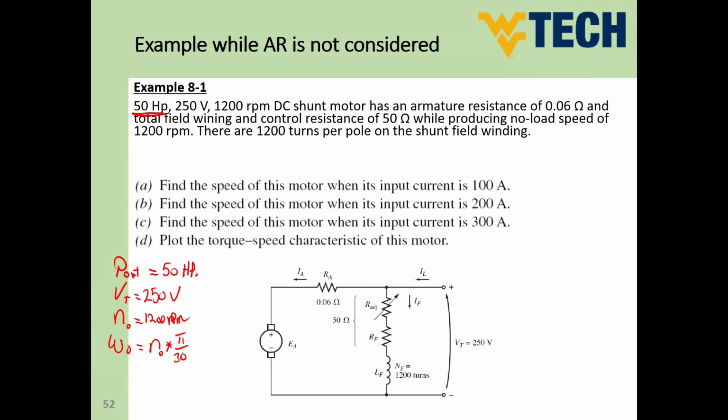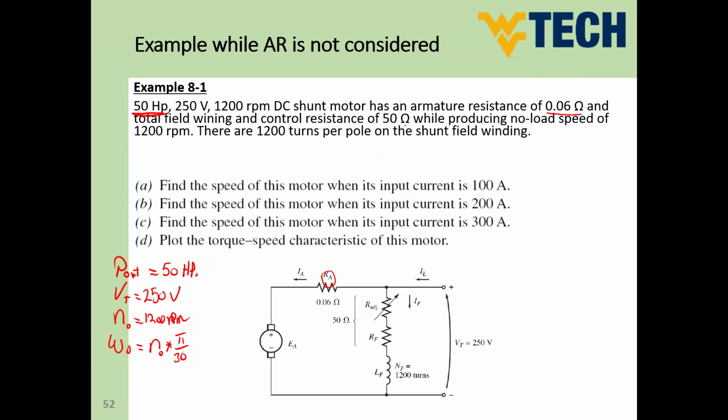And he mentioned that the armature resistance is 0.06 ohm. So this is the value of RA, 0.06 ohms. And the total field winding and control resistance is 50 ohm.